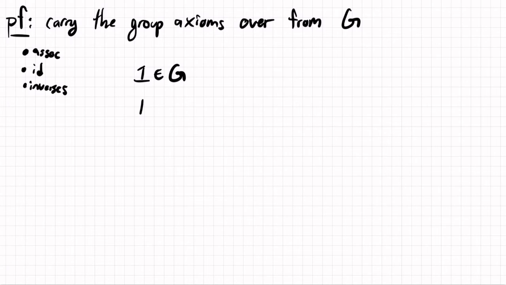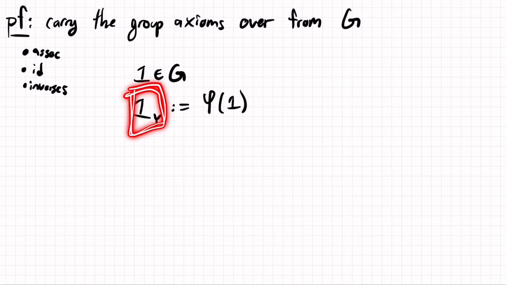Then we'll define 1_Y to be phi of 1. We'll define the identity to be phi of 1.